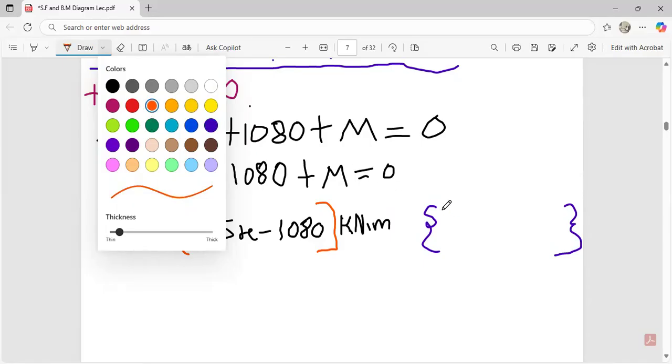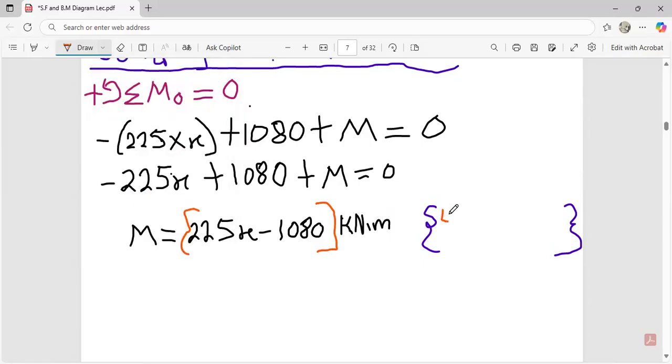So we said this was linear. This becomes our linear variation. Good.